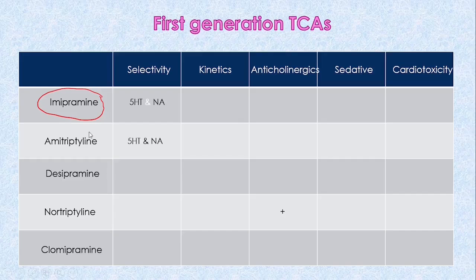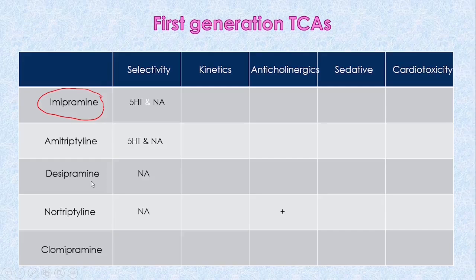The second is amitriptyline, which is like imipramine. It's non-selective. It inhibits both monoamines, 5-hydroxytryptamine and noradrenaline. Desipramine is actually a metabolite of imipramine. It acts selectively on noradrenaline. The same thing for nortriptyline.